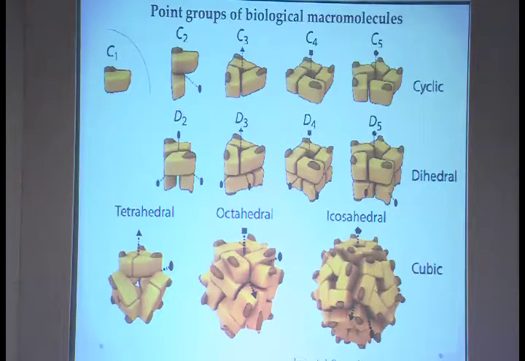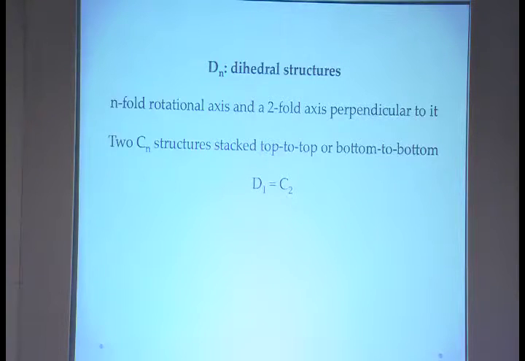These structures basically have an n-fold rotational axis and a 2-fold axis which is perpendicular to it. You can think of this as two cyclic point groups stacked either top to top or bottom to bottom. So the definition indicates that a D1 molecule will be a C2 molecule, right?